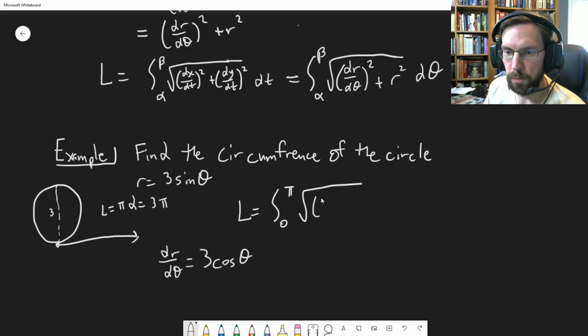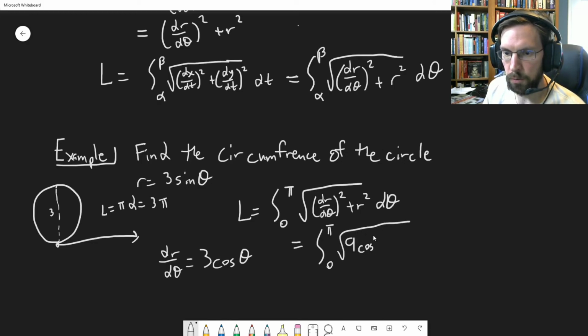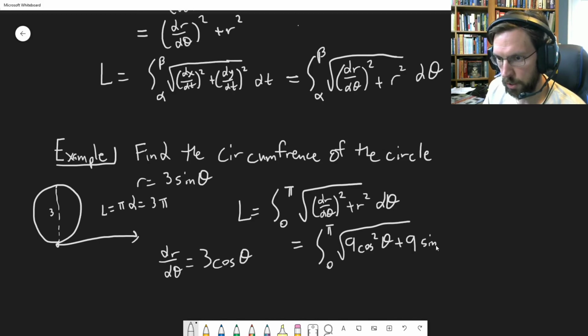So we'll write it like this, (dr/d theta) squared plus r squared, d theta. So integral 0 to pi, square root, this should be 9 cosine squared theta plus 9 sine squared theta, d theta.